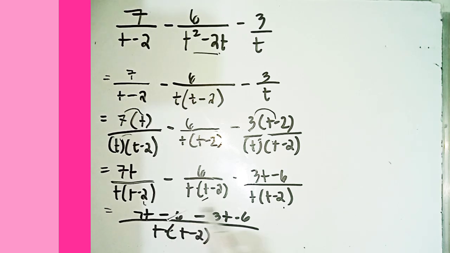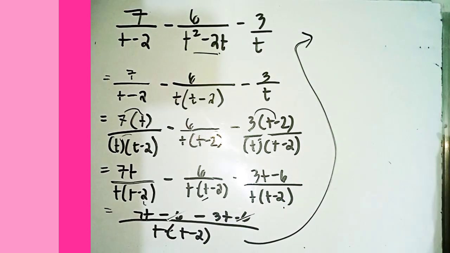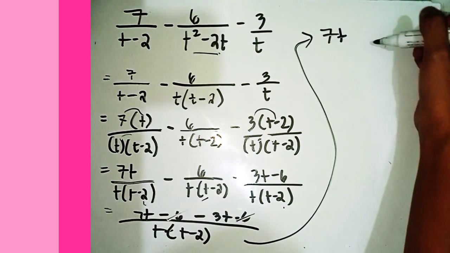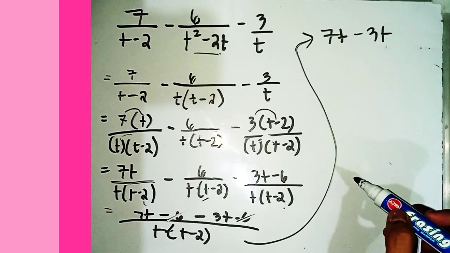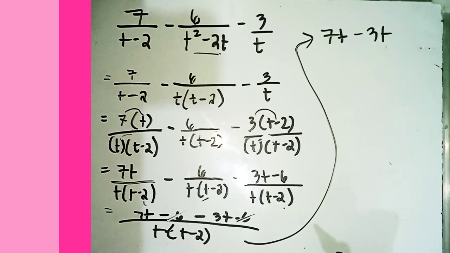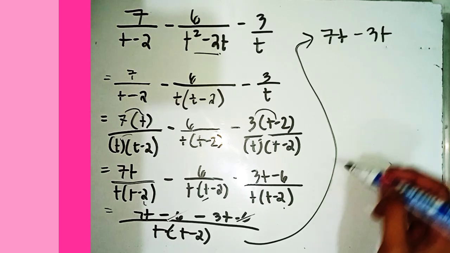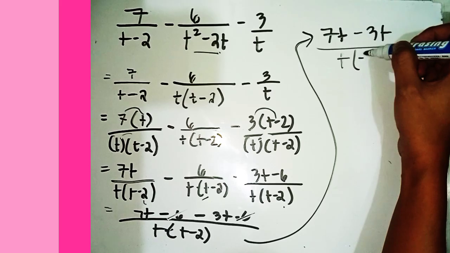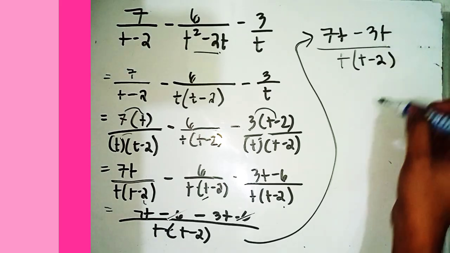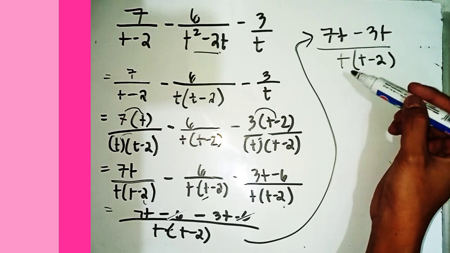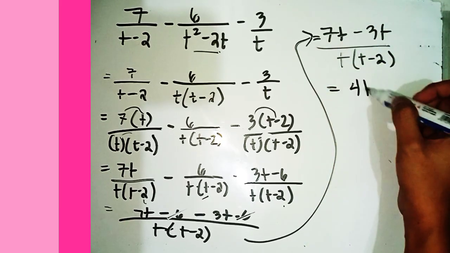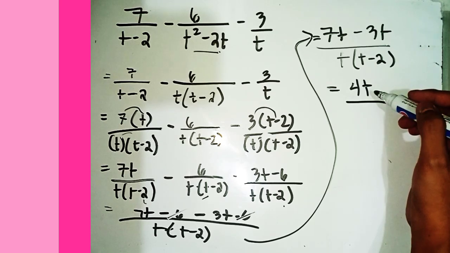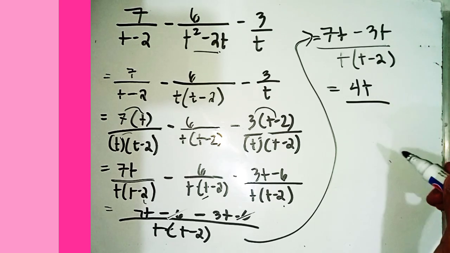7t minus 3t, that would be 4t. And we can cancel out the 2 negative 6. 7t minus 3t, that would be 4t, all over t minus 2.